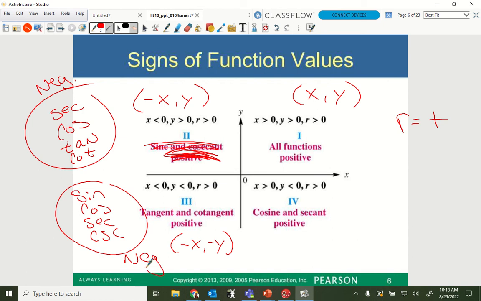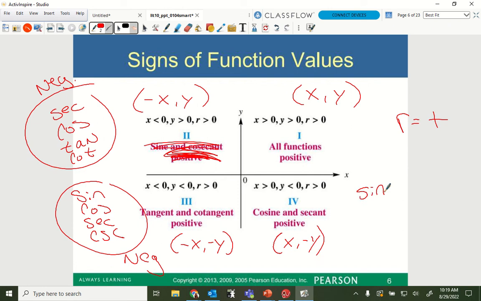Let's go to quadrant 4. In quadrant 4, it is a positive x and a negative y. So anything that goes with the y is going to be negative. So what's going to be negative here? Sine, right?